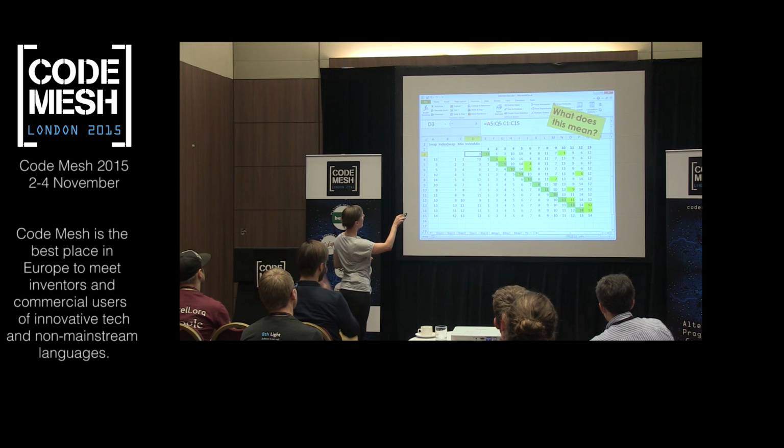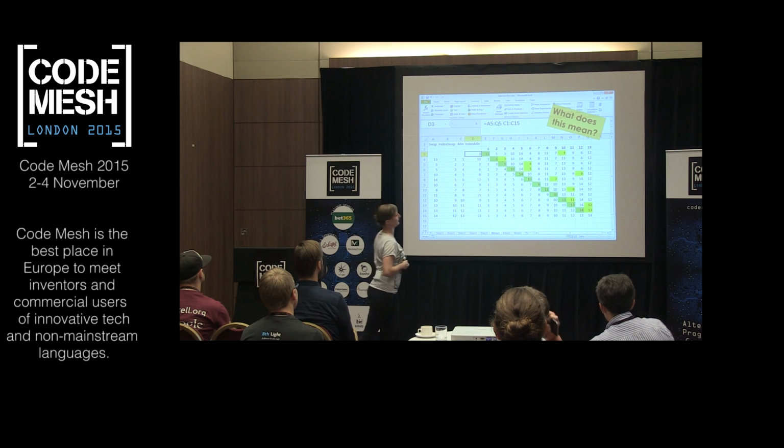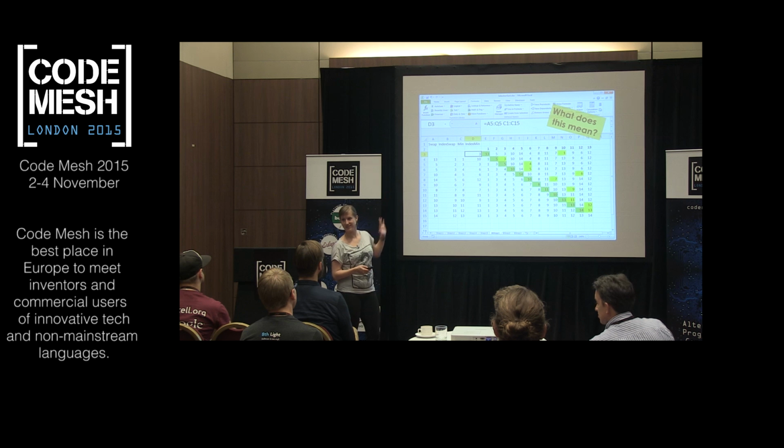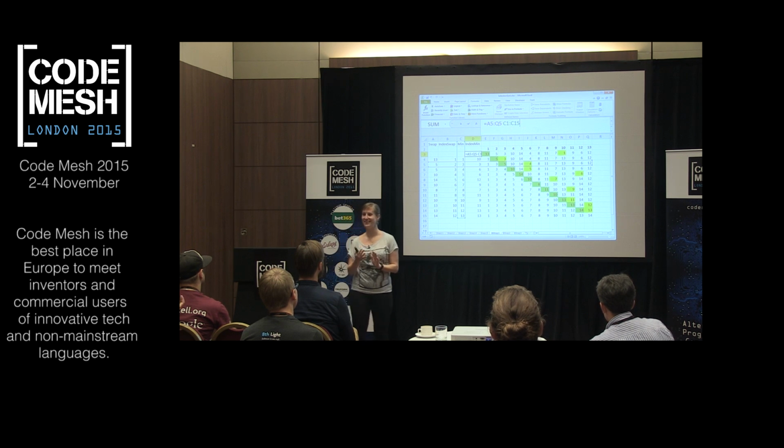So this is a formula, A5 colon Q5, then there's a space, C1 colon C15. What does this mean? Well, there are 2 ranges, so I'm selecting them. Let me select it, and then you get some sort of visualization.